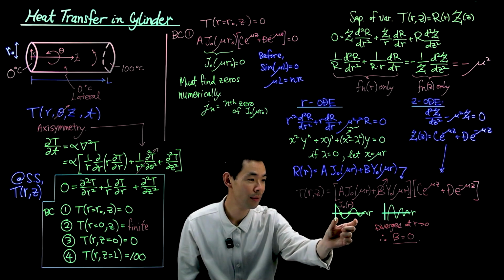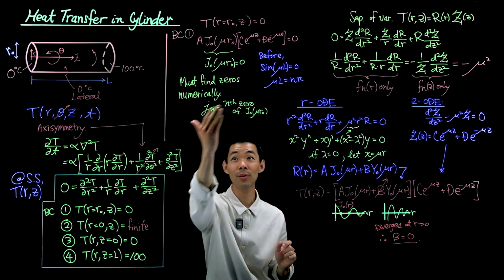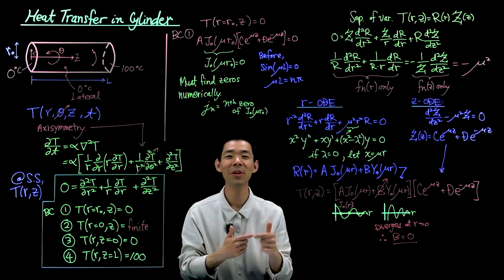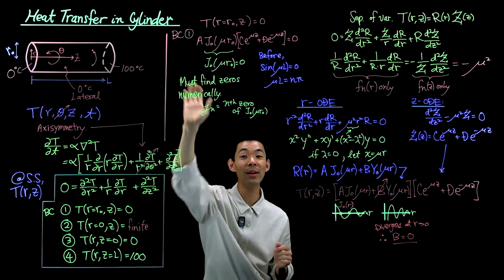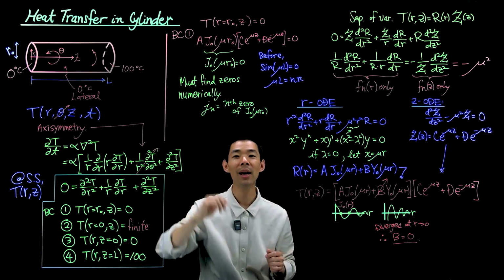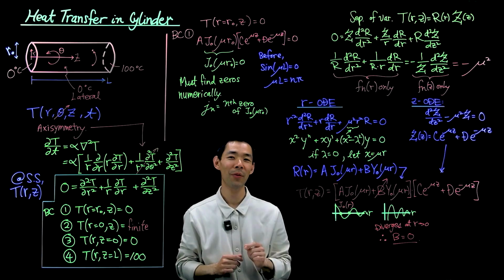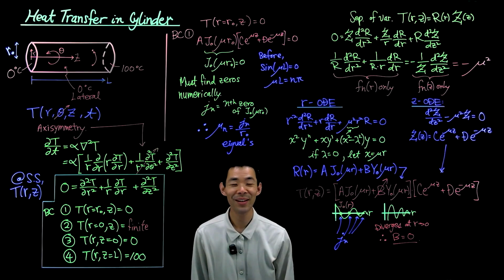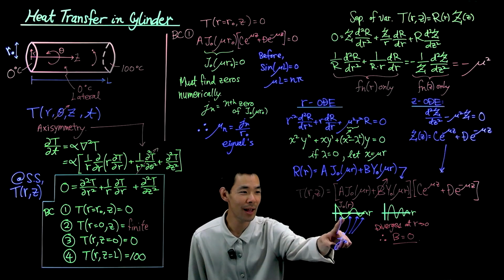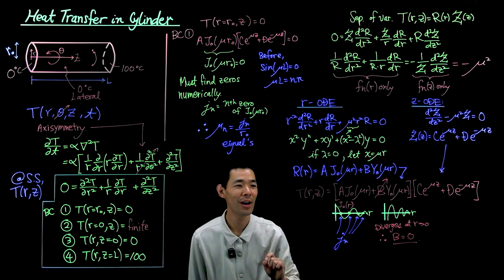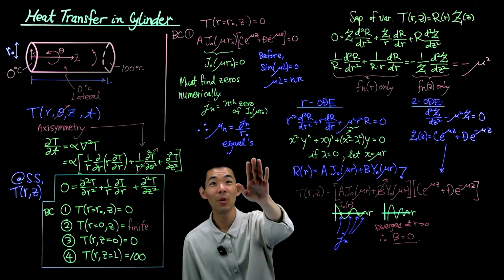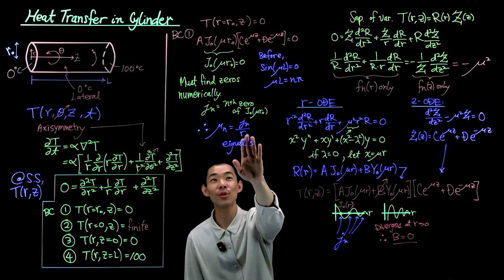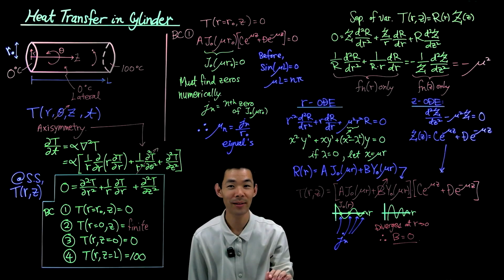That root right there, this distance, would be equal to j sub 3. So it tells you which root number that you obtain, again, obtain numerically. It's just the bookkeeping, to find out which root you're looking for. So with that definition of j_n telling you the root number of this function, we can obtain our eigenvalues mu sub n, which is simply equal to j_n divided by r naught.